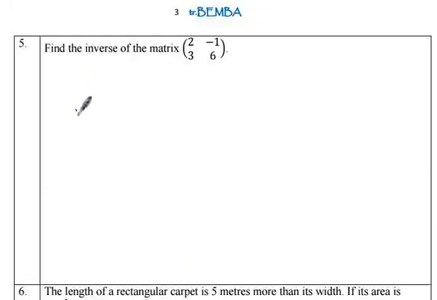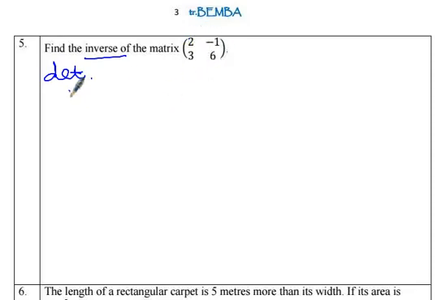Our question 5, we are supposed to work out the inverse of this given matrix. And remember, when you want to find the inverse, we need first of all to get the determinant of this matrix here. So what's the determinant?